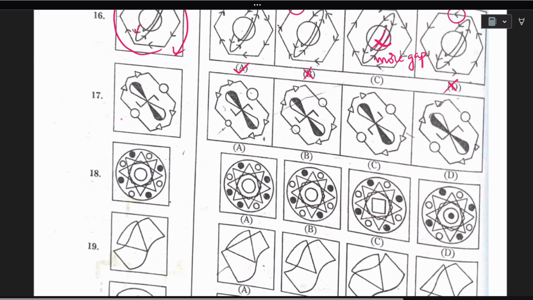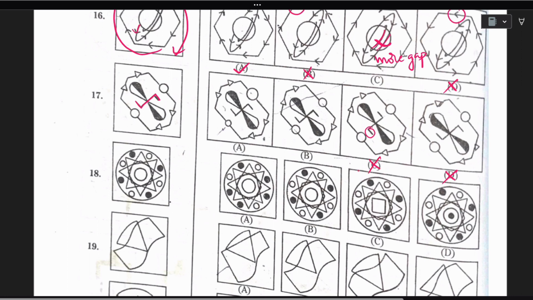Here we have the right side shaded, so in D it is left side shaded, so we can eliminate D. And then just check these hand-like structures. First one is up and next one is down. This is up and down, but in C it is not matching, it is down and up, right?